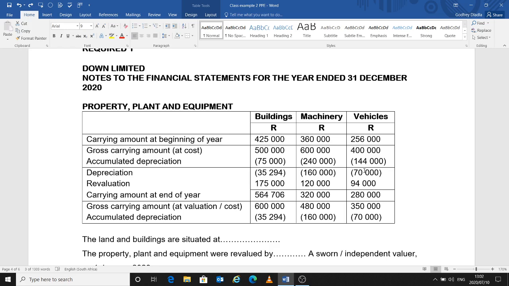You will then realize that in terms of this note, the buildings, as demonstrated here, they are still the same as the one that I showed in class example 1. And if you look at the machinery, it has basically changed a bit because this amount has changed, the 480.